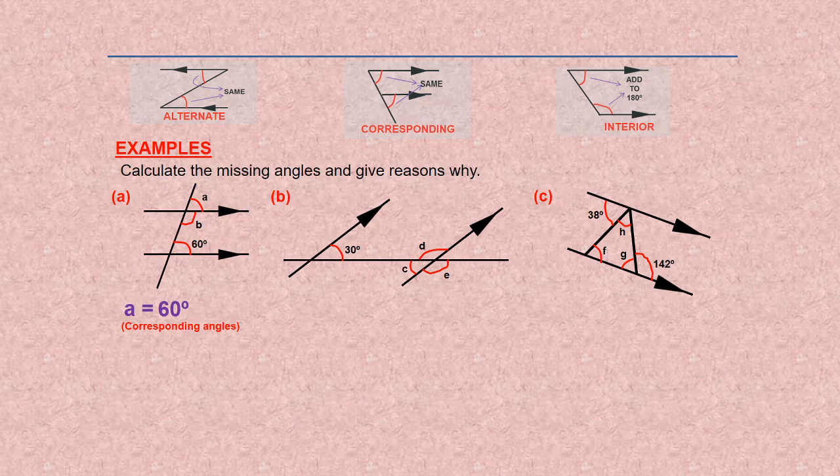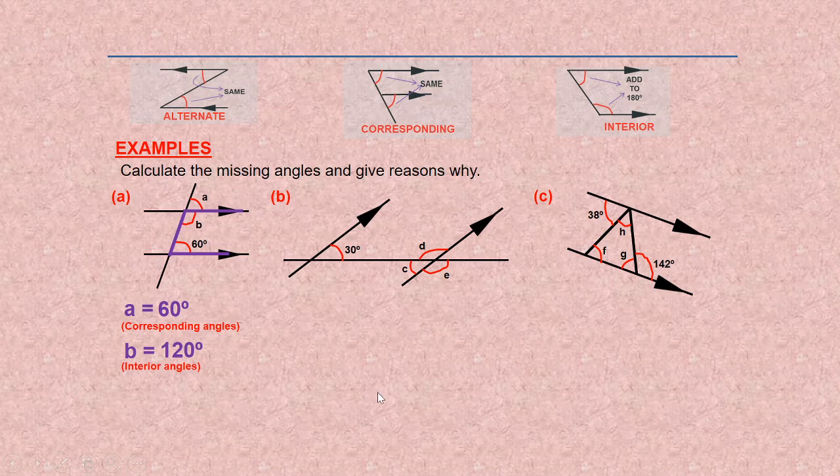Once I have A is 60, I could use a straight line, or I could use the fact that they're interior angles. So if I know the 60 is already there, then B is whatever I add to 60 to make it up to 180, so B is 120 because they're interior angles. Again, there's more than one way I could have worked out B, and it would have been fine as long as your explanation matches how you did it.